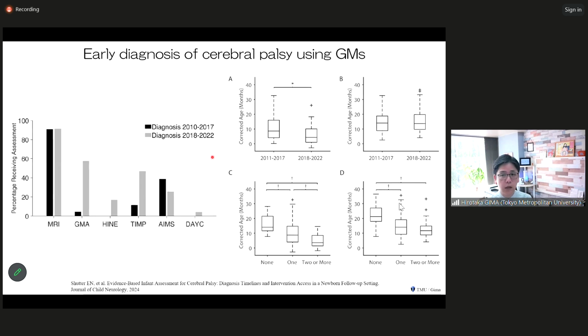In addition, the right graph A shows that the time when cerebral palsy was first suspected has significantly decreased since 2018.